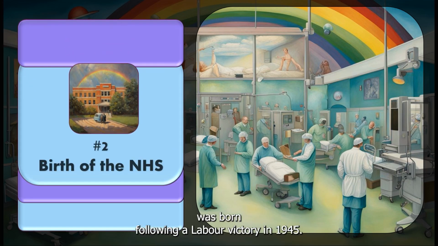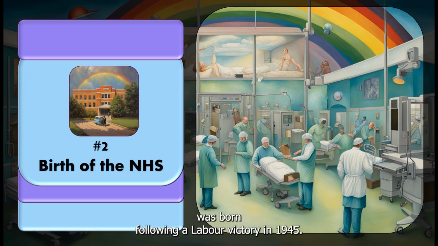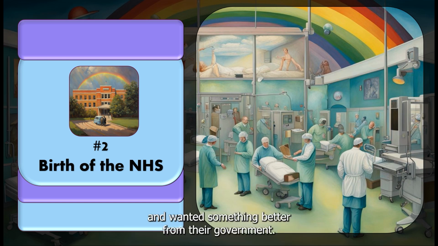The NHS was born following a Labour victory in 1945. This is because soldiers returned from World War II and wanted something better from their government. It provided free health care at point of entry, including a variety of services like prescriptions, opticians and dentistry.